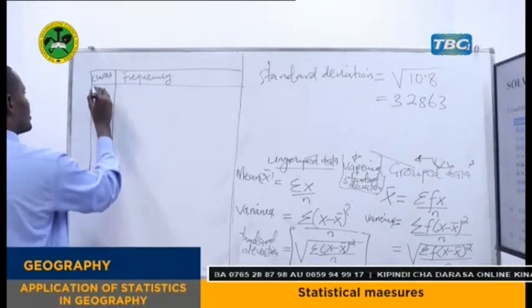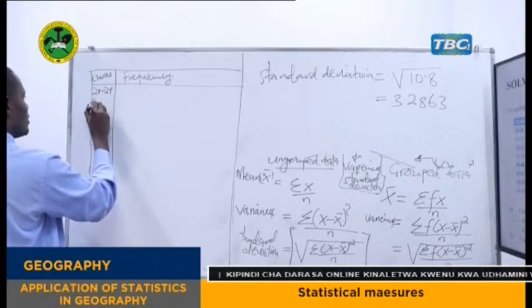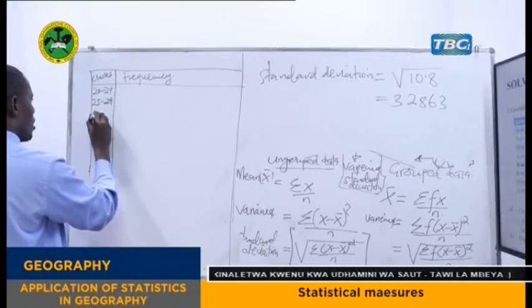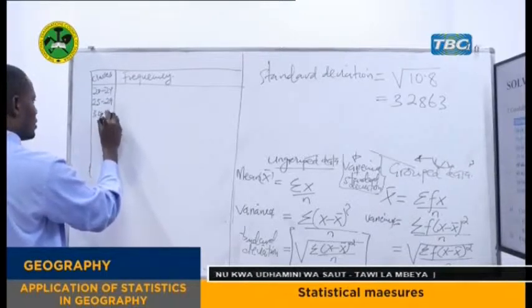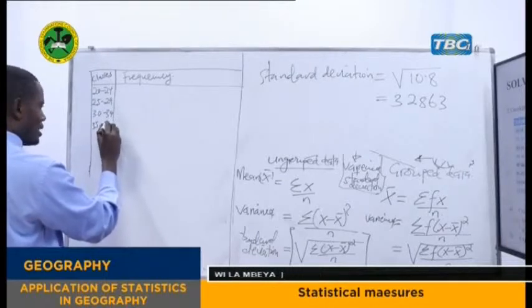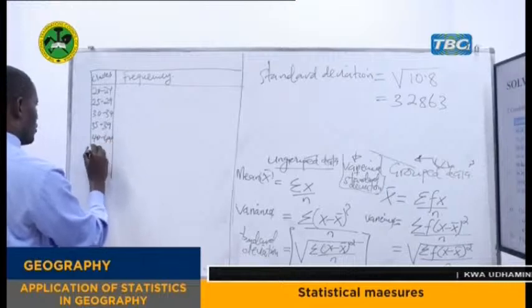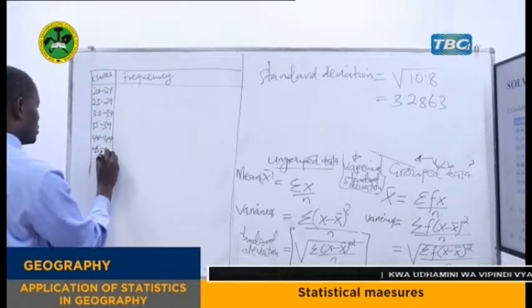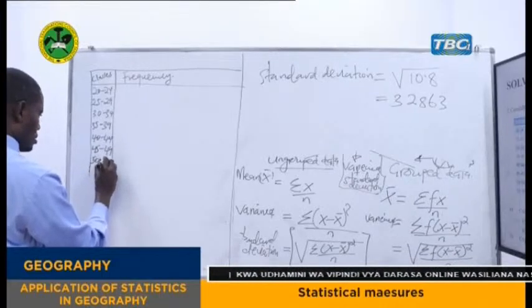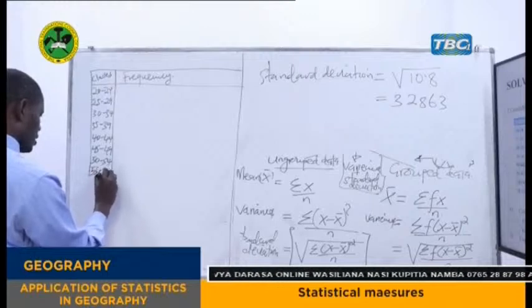So the first one, that is 20 to 24, 25 to 29, 30 to 34, 35 to 39, 40 to 44, 45 to 49, 50 to 54, 55 to 59.